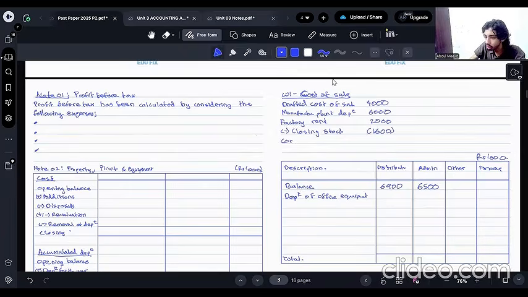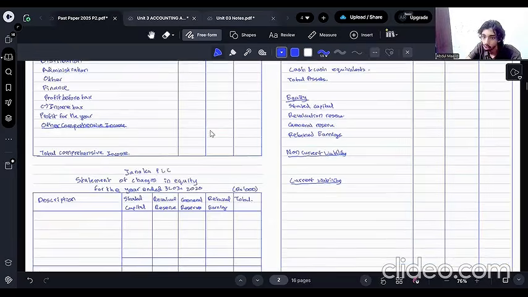Then your corrected cost of sale will be 40,000 here. 40,000 plus 6,000 plus 2,000 minus 1,600. That will be 46,400.